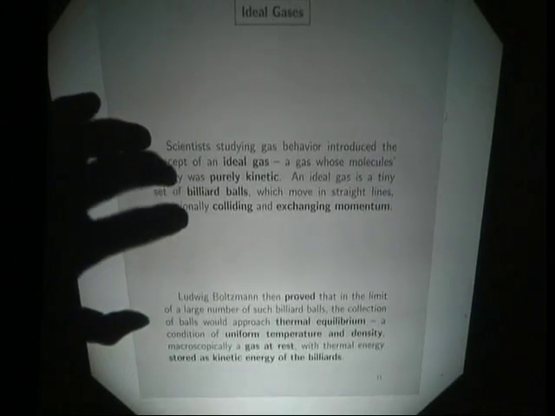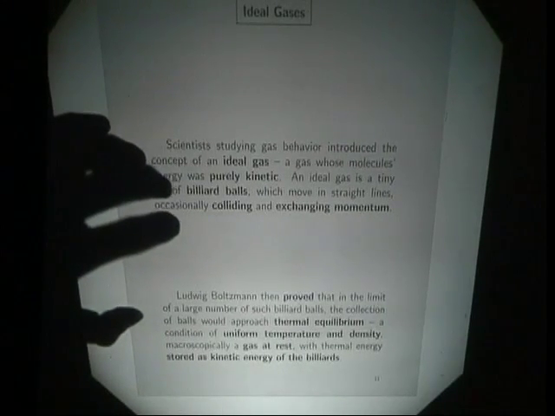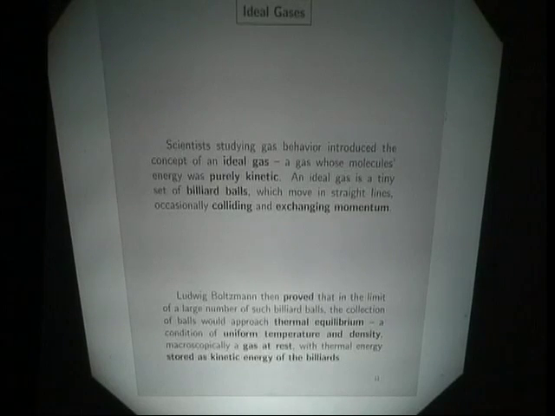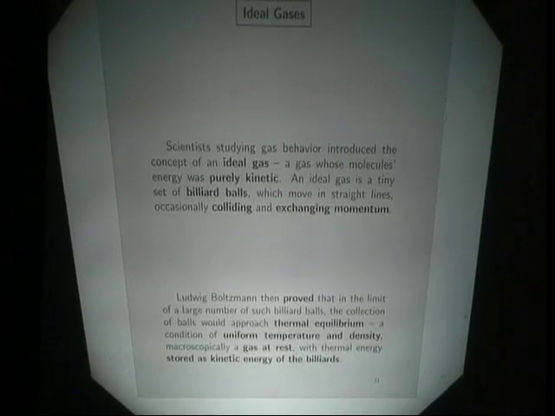And one of the developers of this theory, Ludwig Boltzmann, proved that in the limit where you had a very large number of these billiard balls bouncing against each other, eventually they would reach a statistical distribution which described a gas at rest or just moving with some constant speed, and all the thermal energy in the gas would be stored as the kinetic energy of these little billiards.